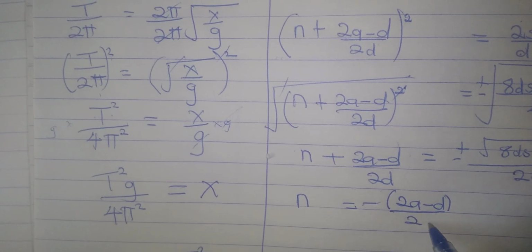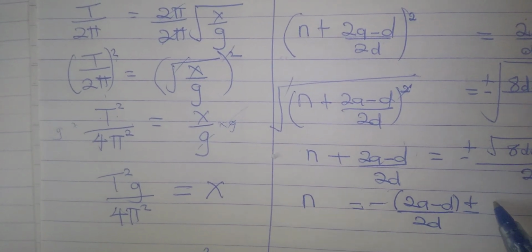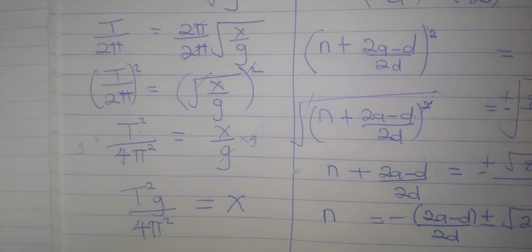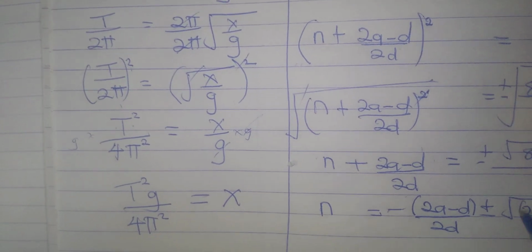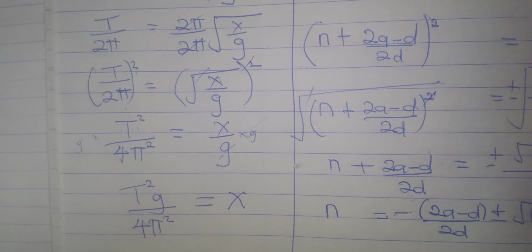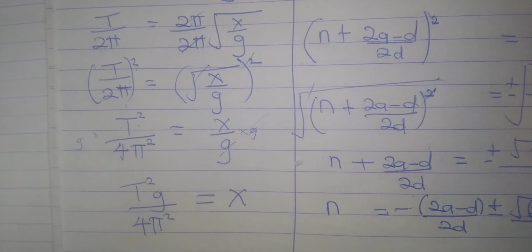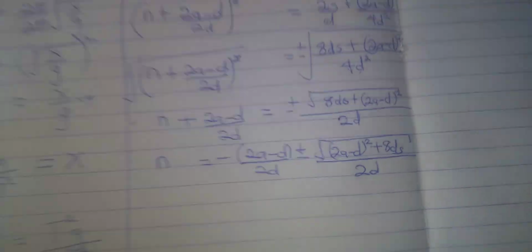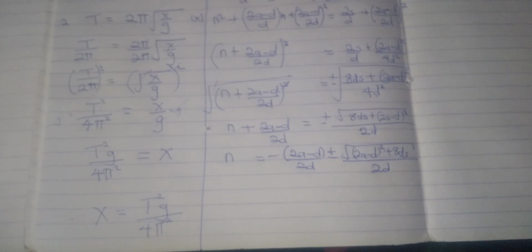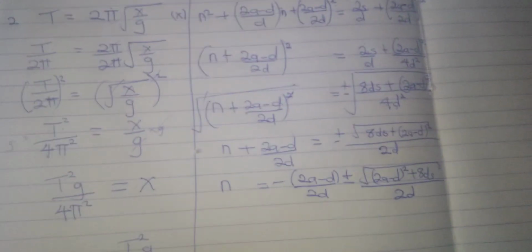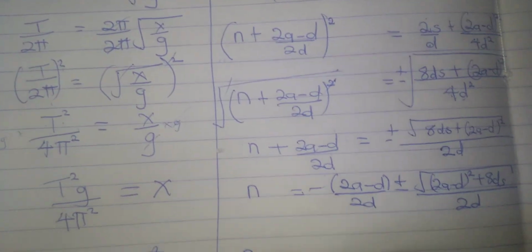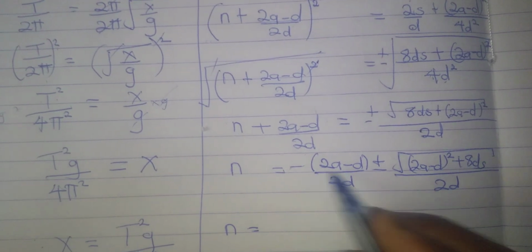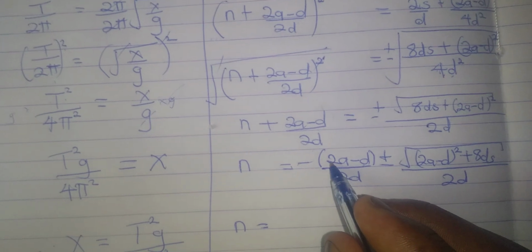over 2d plus or minus root of, I can begin with what is squared, 2a minus d squared plus 8ds over 2d. But we said since the denominators are the same, we can also maintain that denominator. So finally our n will equal, if you want the negative to enter, it can enter, so that the d becomes positive and this one becomes negative.